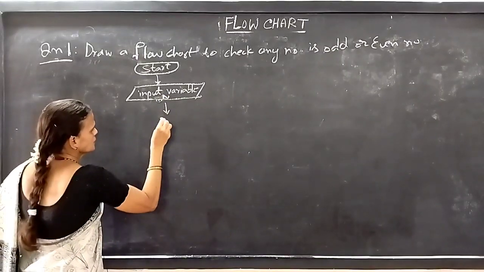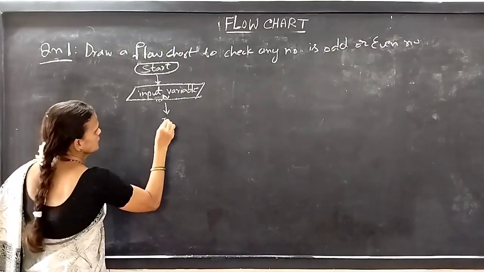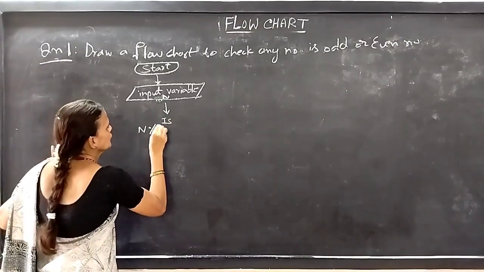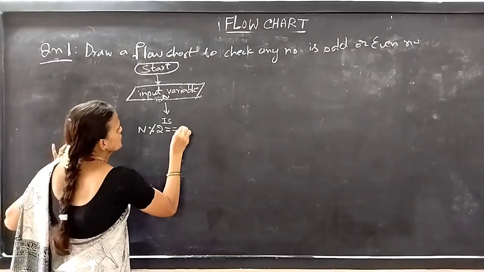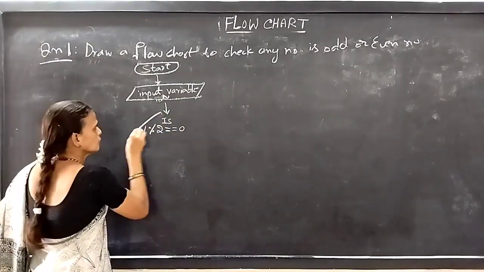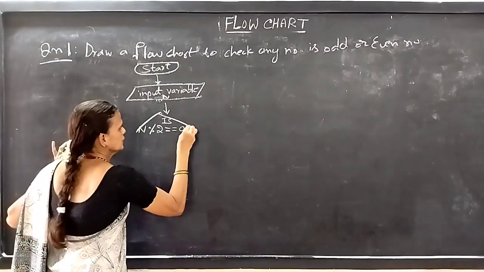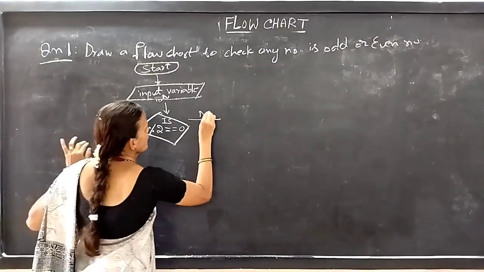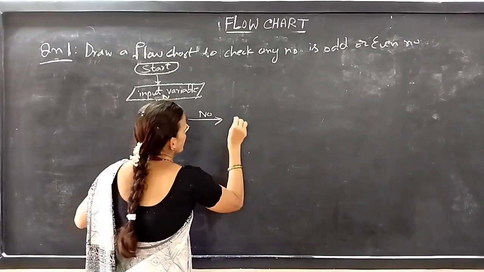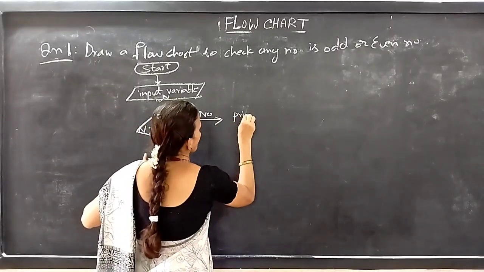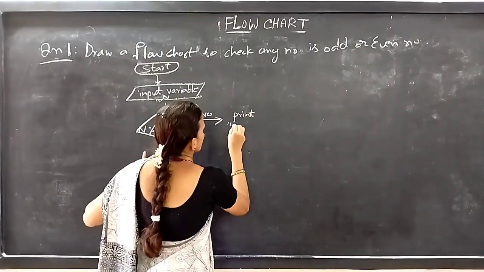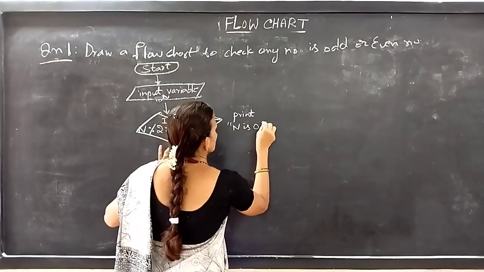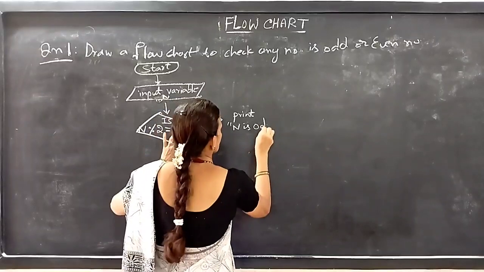And next we have to check: n percentage symbol 2 equal to 0, that is n modulo 2 equal to 0. If it is no, then you have to write print "n is odd".